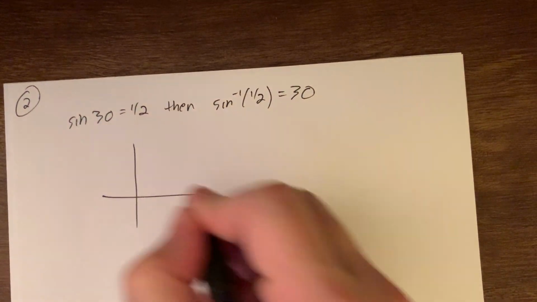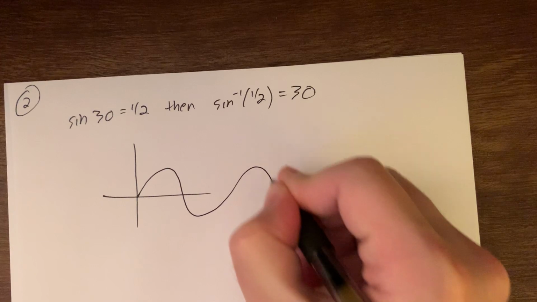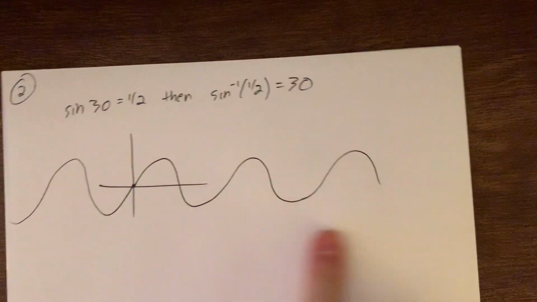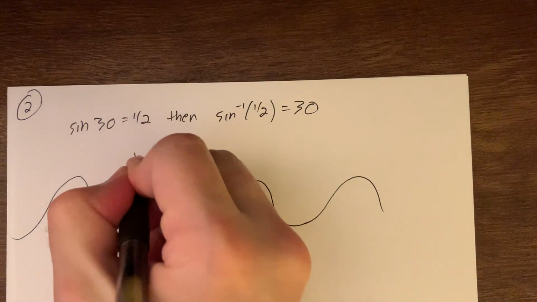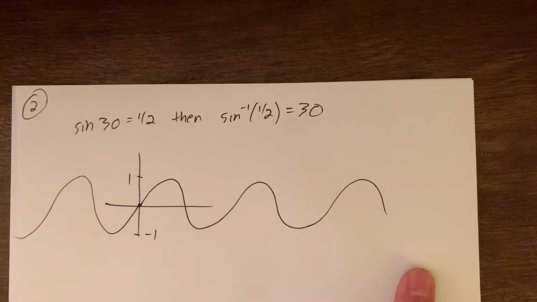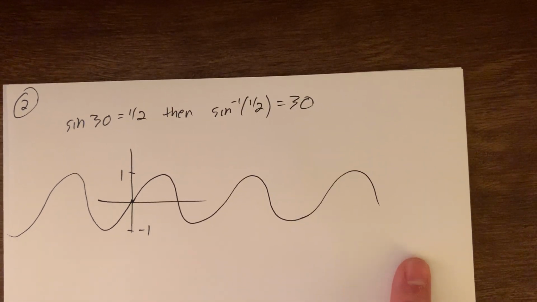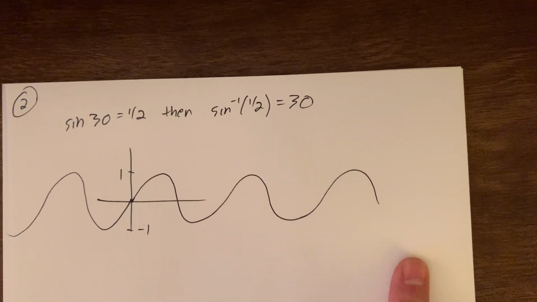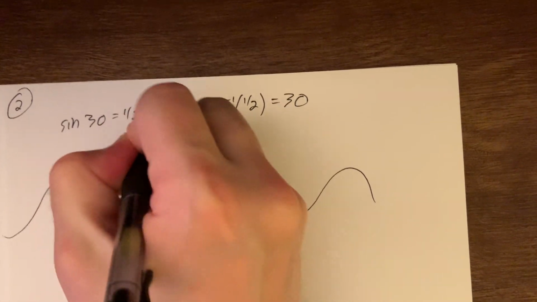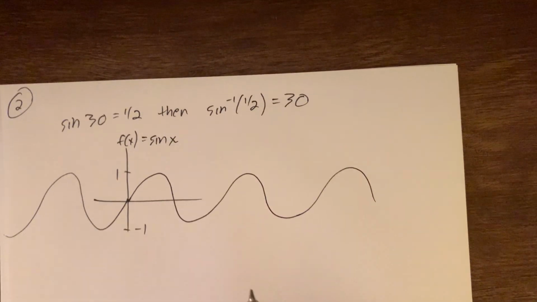Think about the graph of sine. There's my basic sine curve. High values are 1, low values are -1. I'm not going to do all the labeling as we've done before, just giving us a quick picture. Remember, looking at the graph, this is the original f of x, my sine x function.